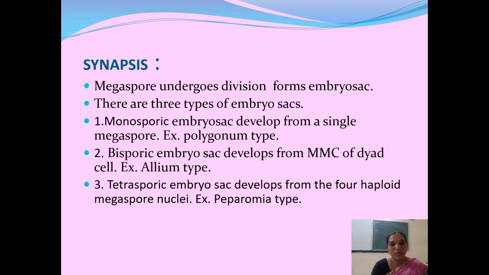Monosporic embryo sac develops from a single megaspore, identified in polygonum type. Second, bisporic embryo sac develops from the megaspore mother cell's diad cells, example allium type. Tetrasporic embryo sac develops from 4 haploid megaspore nuclei, example in peperomia type.